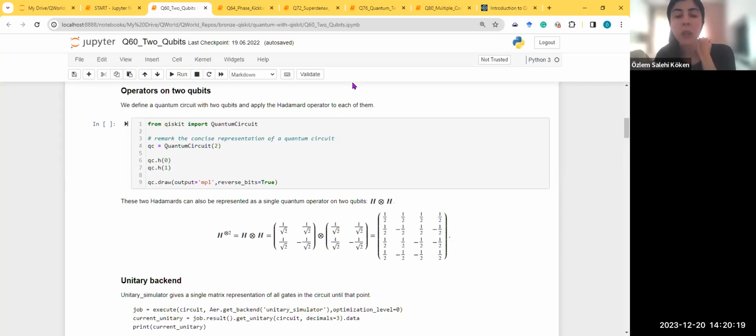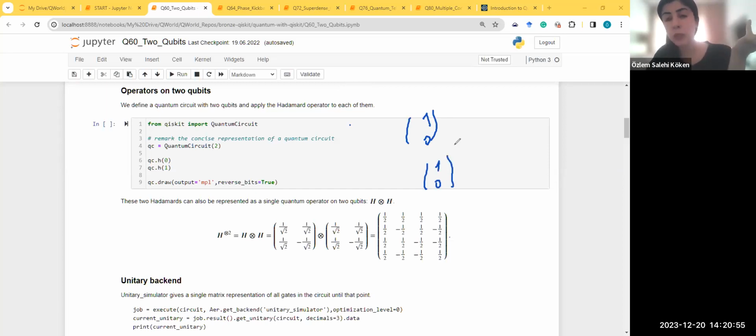But now, suppose that we have 2 qubits, and suppose that we are applying Hadamard on each of them. Now, the question is, what is the operator that is applied on the system? If you think about each qubit individually, if they're initially in state 0, then the first one is in state (1, 0), and the second one is in state (1, 0).